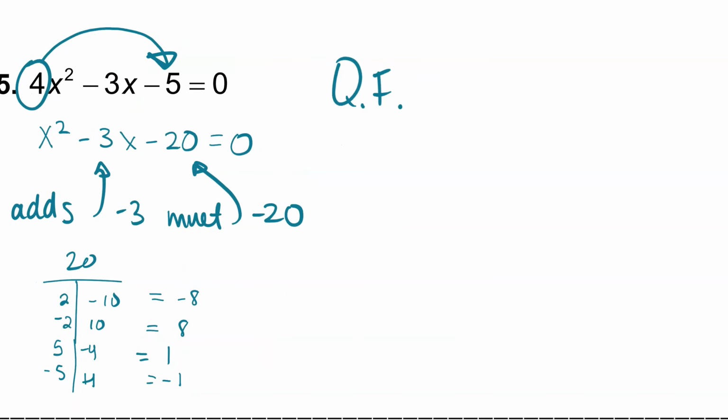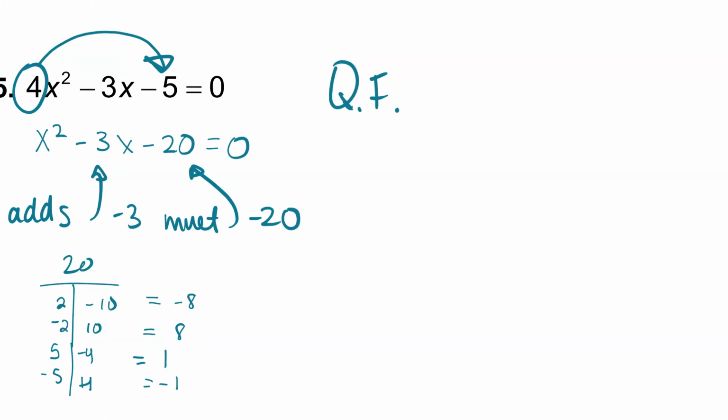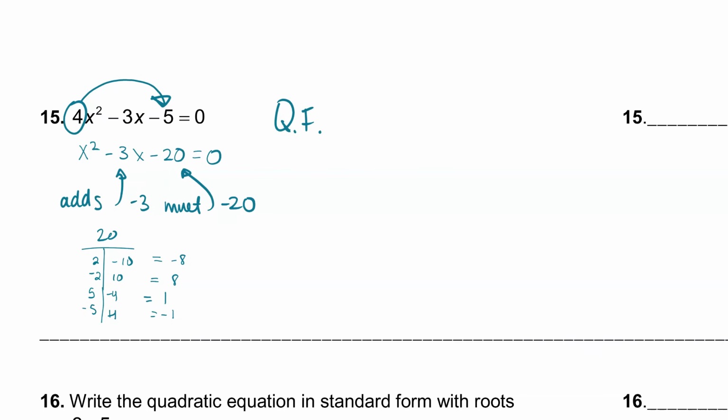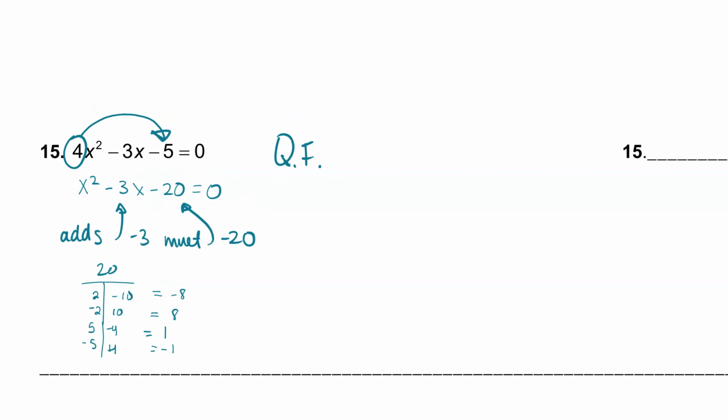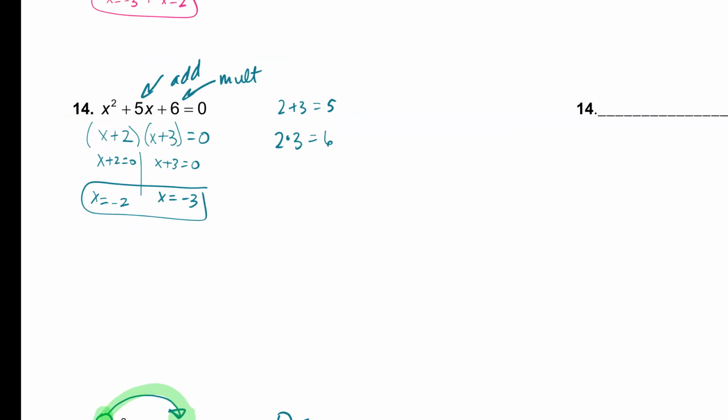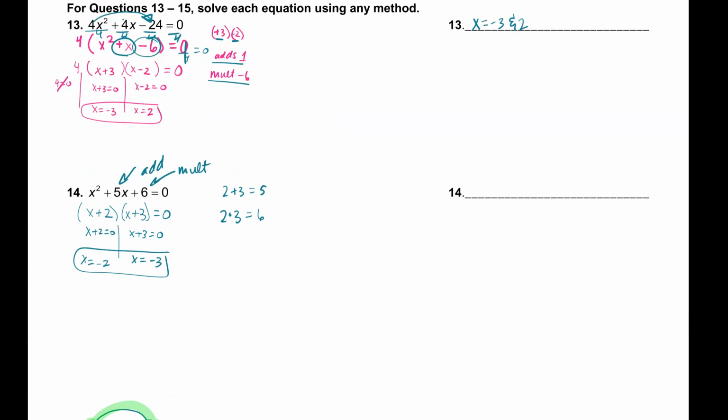Could you do that for the fourth one? For number 13, where you use the quadratic formula? Let me be clear, are you asking if we could have taken the number and multiplied by c for the 13? No. Well, you could have, but why? The whole point is to go in order.